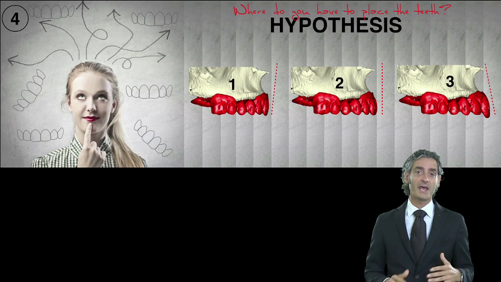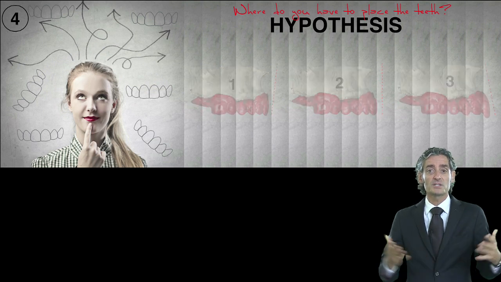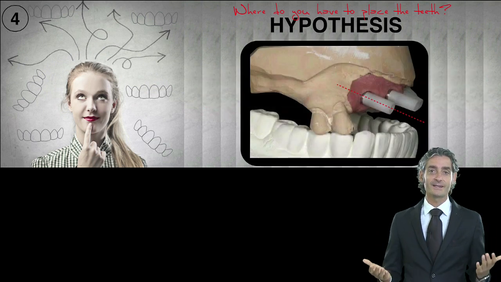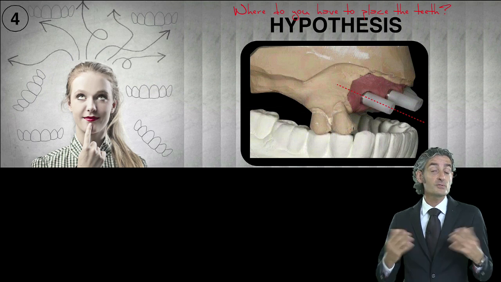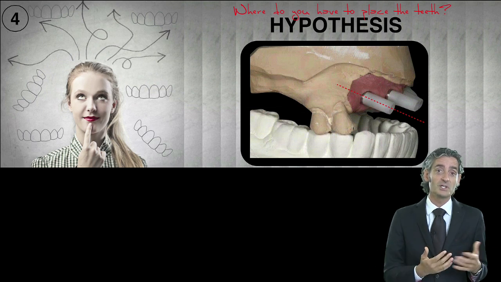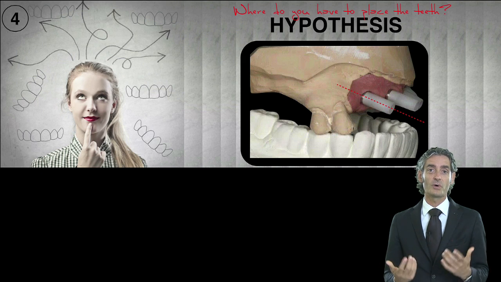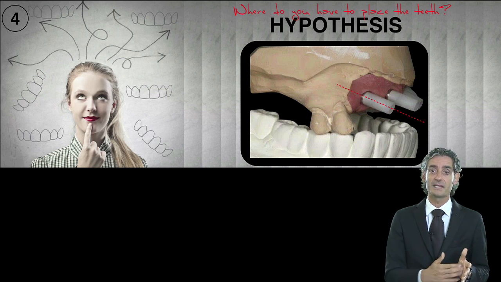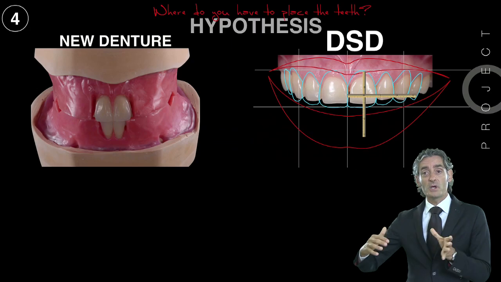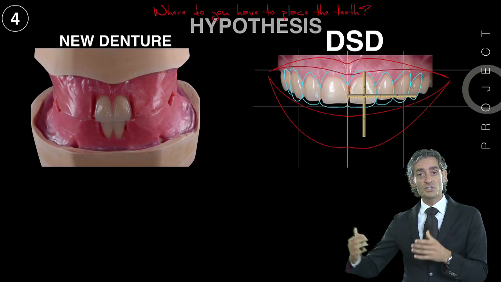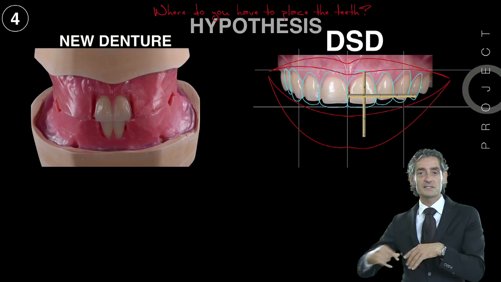And look what can happen. I found on the internet this picture, and it's clear that the guy didn't have a precise idea of the future restoration, because right now for the technician it becomes a nightmare to restore a mouth like this, or to restore implants like this.